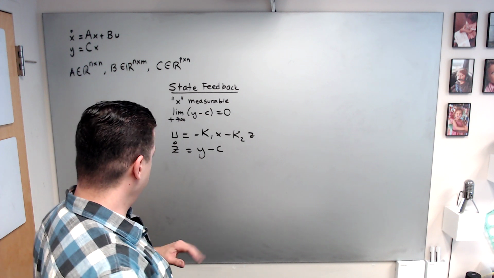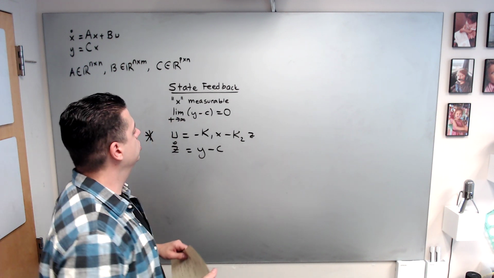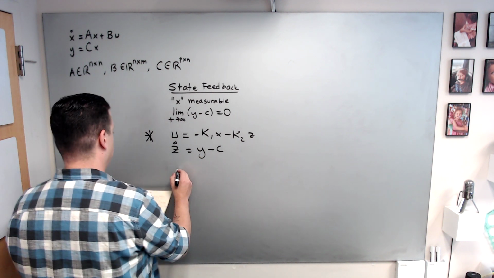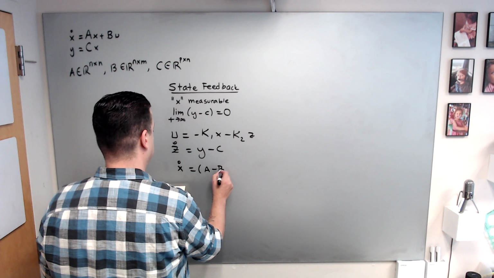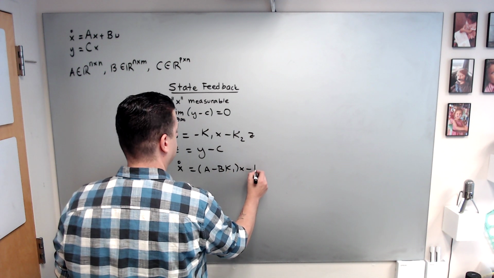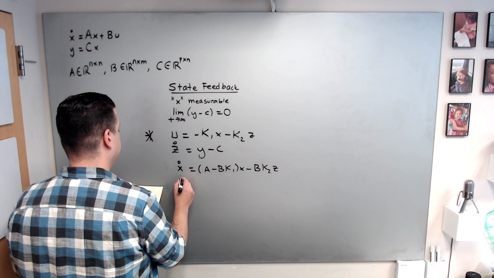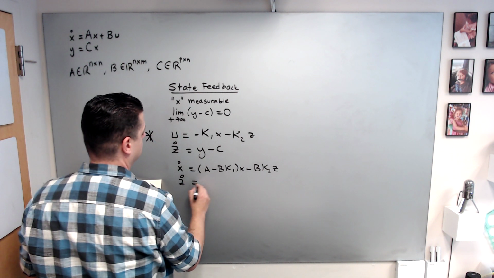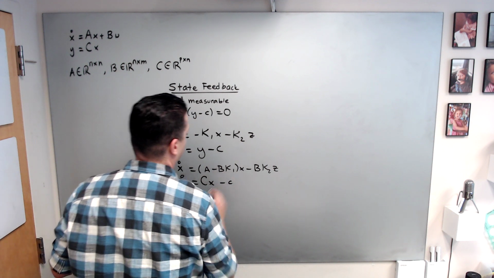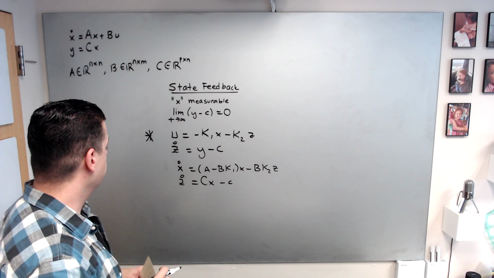Now, first, let's close the loop. Then I will tell you how to choose K1 and K2. x dot in this case becomes A minus BK1 times x minus BK2z. And z dot, I am just going to replace y with Cx, equals Cx minus c. Little c is for the command.